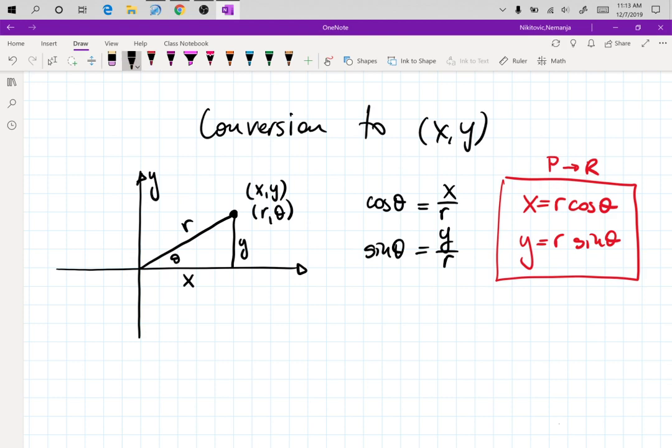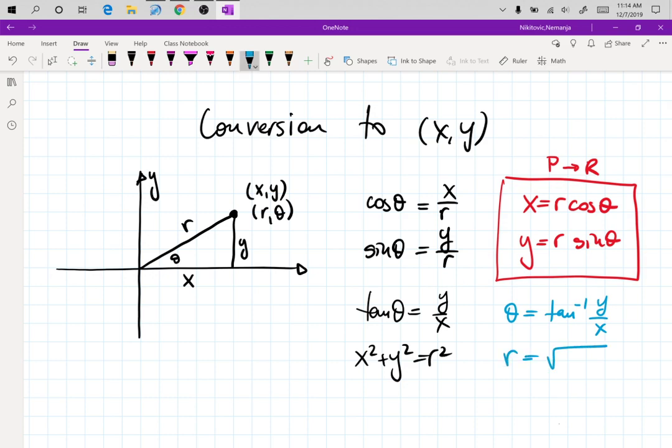If you write tangent theta, you get y over x, and from there you can come up with that theta is equal to inverse tangent of y over x. And the last one is the Pythagorean theorem, where x squared plus y squared equals r squared, from where you can solve for r as the square root of x squared plus y squared.